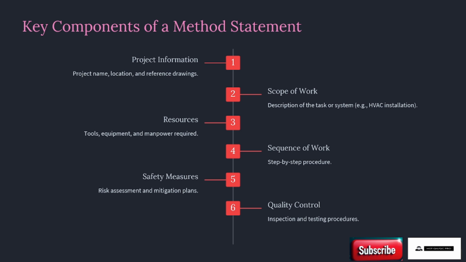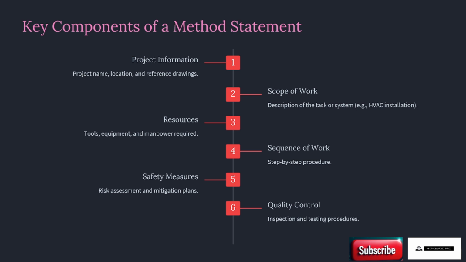Then after that, safety measures. When you are going to do the work outside, you have to be prepared for safety. For the safety measures, you need to consult with your safety officer or engineers, whoever is there, that you are going to start duct installation.